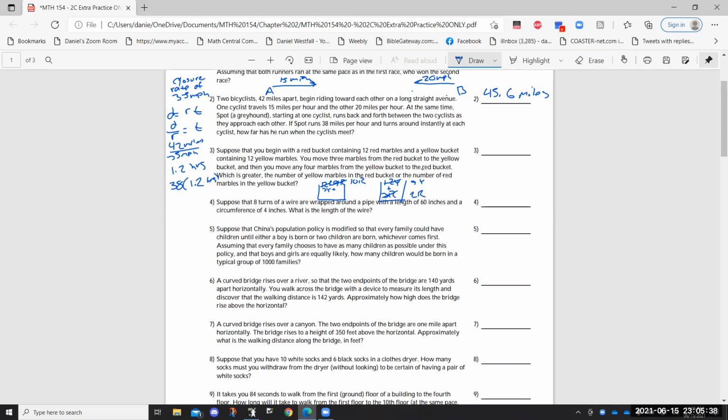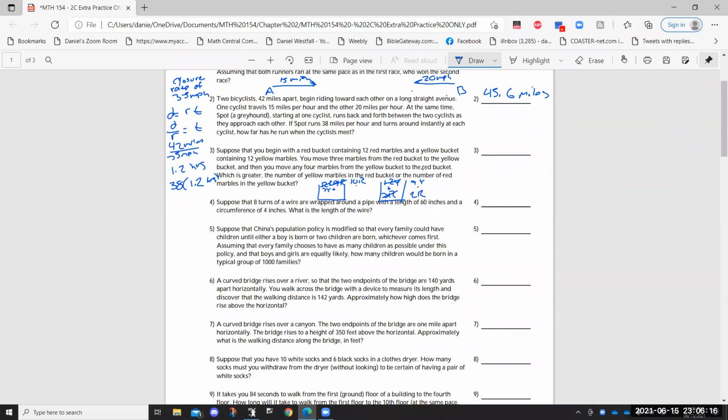So now the question is, are there more yellow marbles in the yellow bucket or more red marbles in the red bucket? So, if I did this, there should always be 1 more red marble in the red bucket than there is yellow marbles in the yellow bucket, no matter which way I do that. I could prove that to you very generically, or I could show you all the cases, but there's always going to be 1 more red marble here than there is yellow marble here.